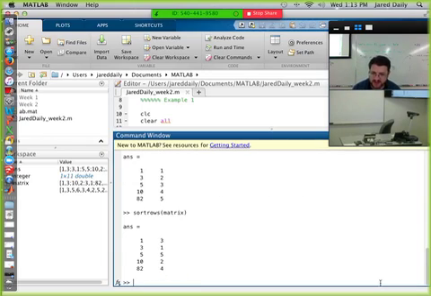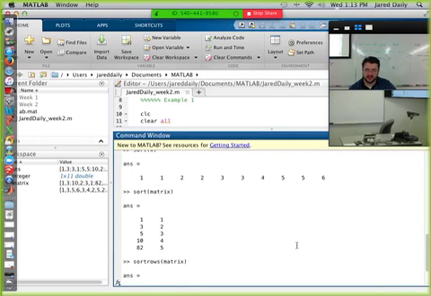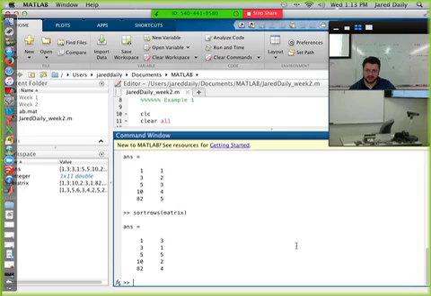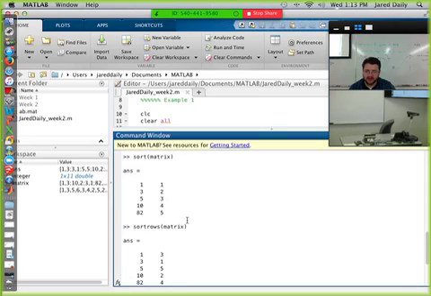It'll sort the rows, and let's see what's my matrix. So it sorted the rows. This is my matrix.